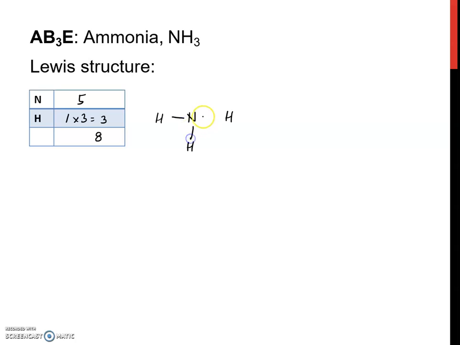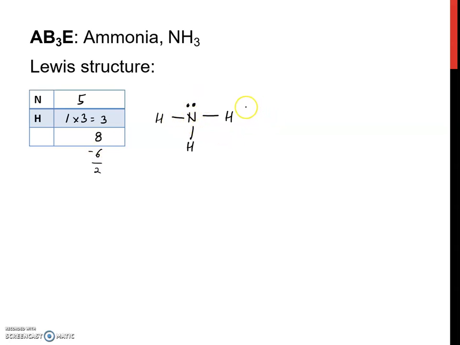So 1, 2, 3. For nitrogen, 5 valence electrons. So 3 have been shared, 1, 2, 3, and 1 lone pair is left. 8 minus 6, so there are 2 non-bonding electrons, or 1 lone pair.